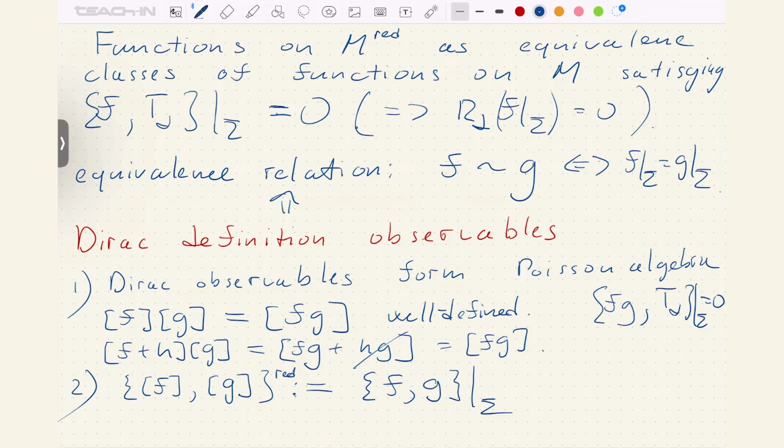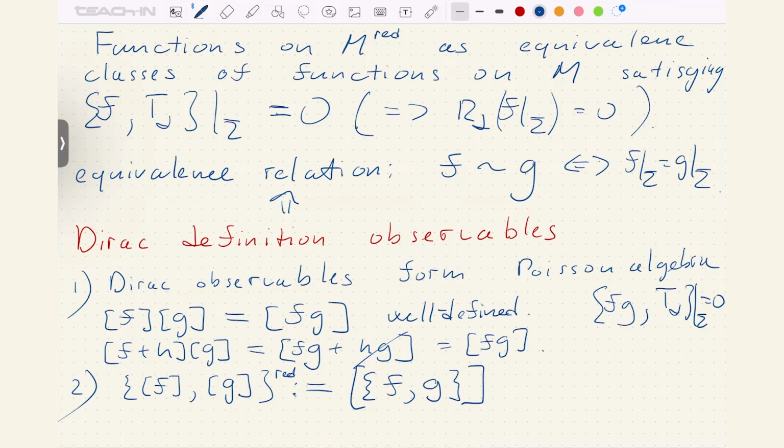So to compute a Poisson bracket, we pick representatives F and G, we evaluate the usual Poisson bracket on the entire phase space, and then we restrict to sigma, and then we take the equivalence class.